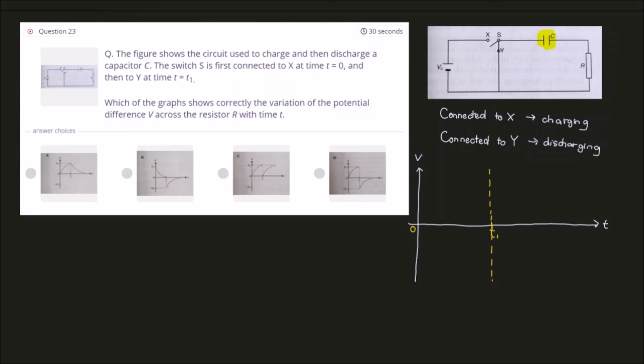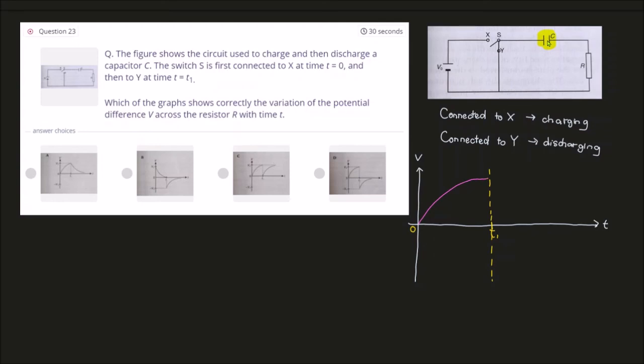So when you're charging, there will be charges moving towards the capacitor to be stored. If you look at the potential difference across the capacitor, that is not what the question asks for. But let's say we look at the potential difference across the capacitor. Then it should be a charging shape, which is something like this.